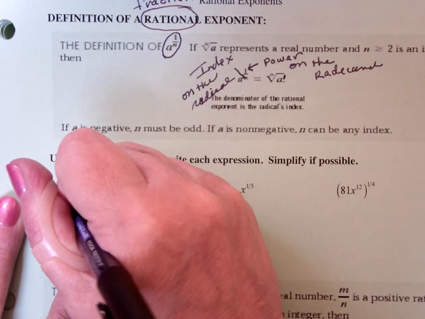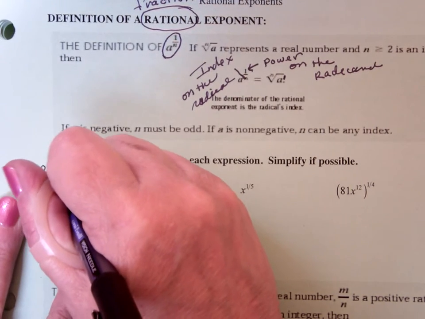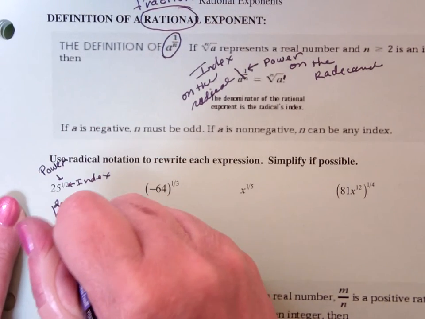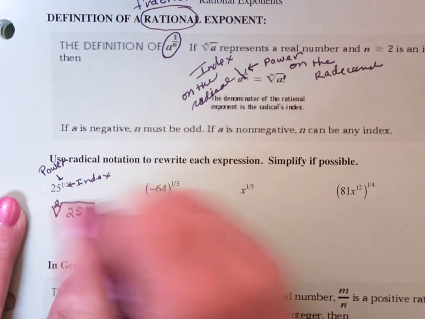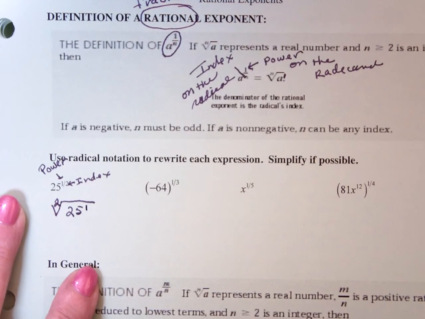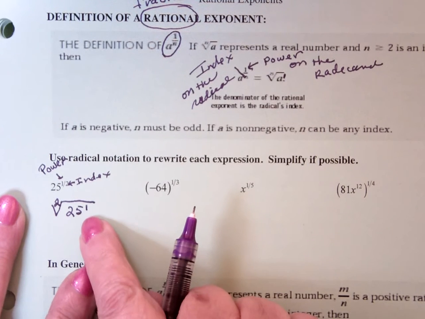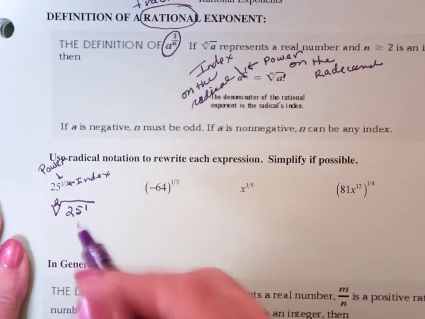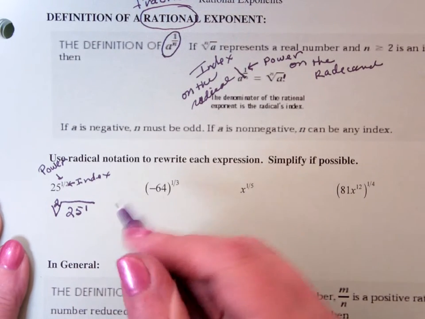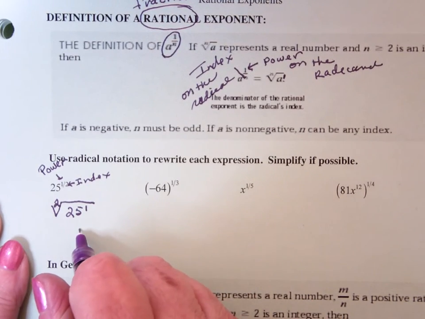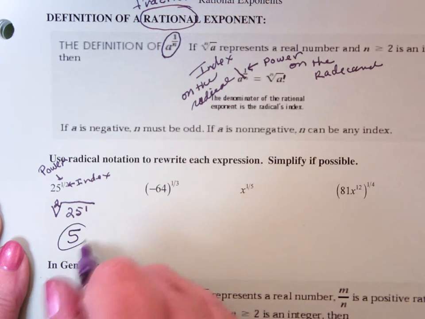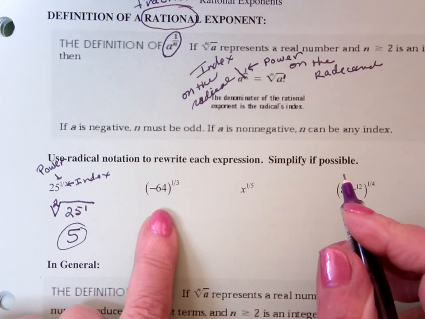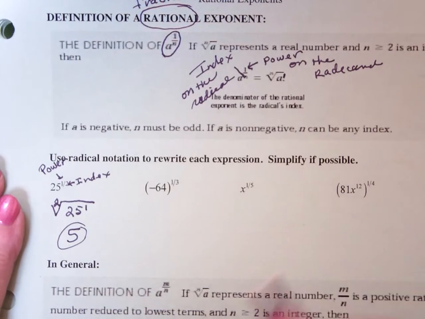The numerator is the power, so it's 25 to the 1 power. So the square root of 25 is really 25 to the 1/2 power. 25 has an exponent of 1, the index is 2. And the square root of 25 is 5.